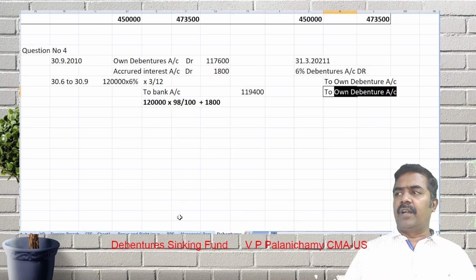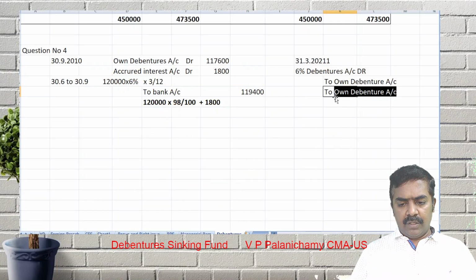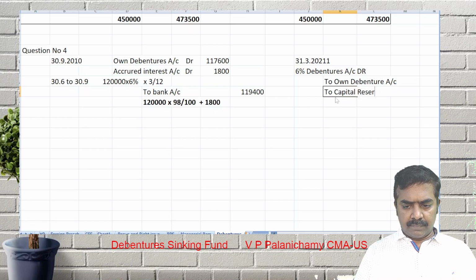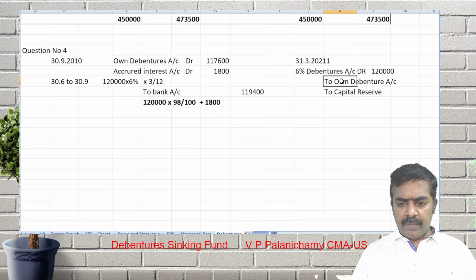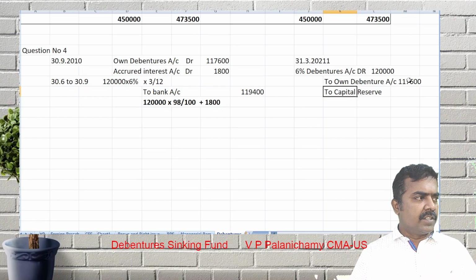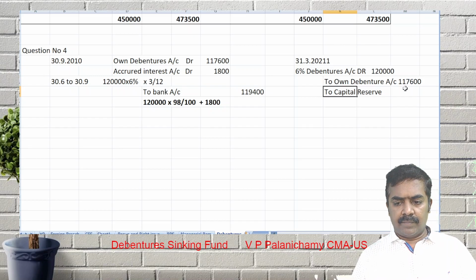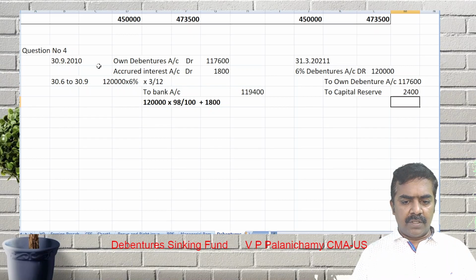We will just show debentures account to capital reserve. To own debentures account எவ்வளவு வரும்? 117. What is the profit? 2,000.